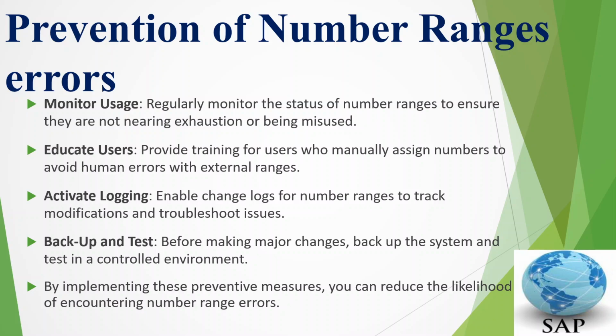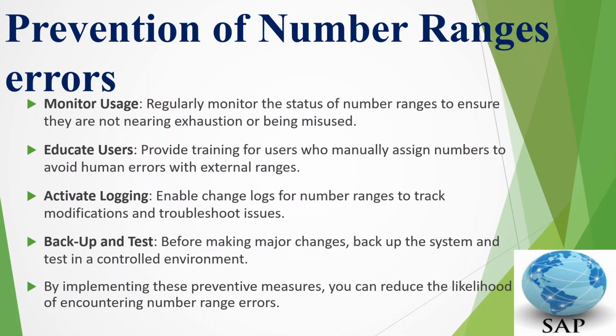Educate users. Provide proper training to the users who manually assign numbers to avoid human errors for external number ranges. Activate logging. Enable change logs for number ranges to track the modification and troubleshoot issues. Backup and test.